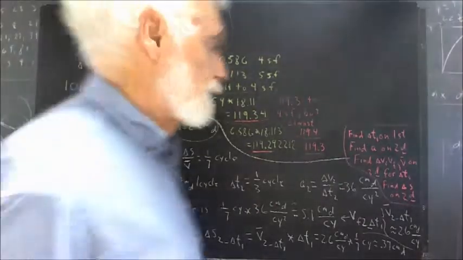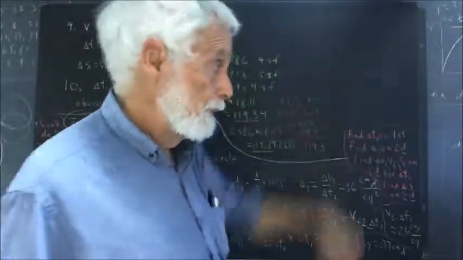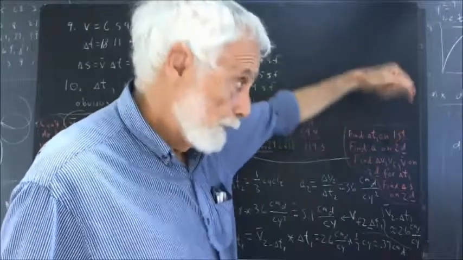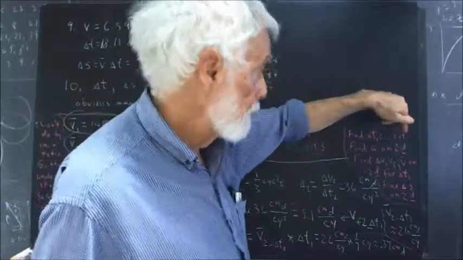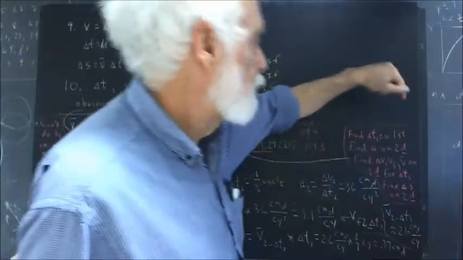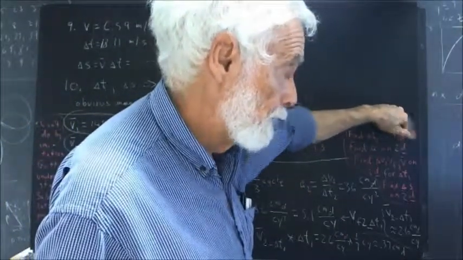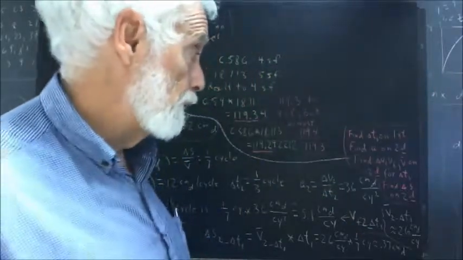Really short synopsis. What have we done? We found delta t1 on the first interval. We have plenty of information to do that. We found the acceleration on the second ramp. So we find delta t on the first ramp, plenty of information there, and find acceleration on the second ramp. All the information we need is given to us.